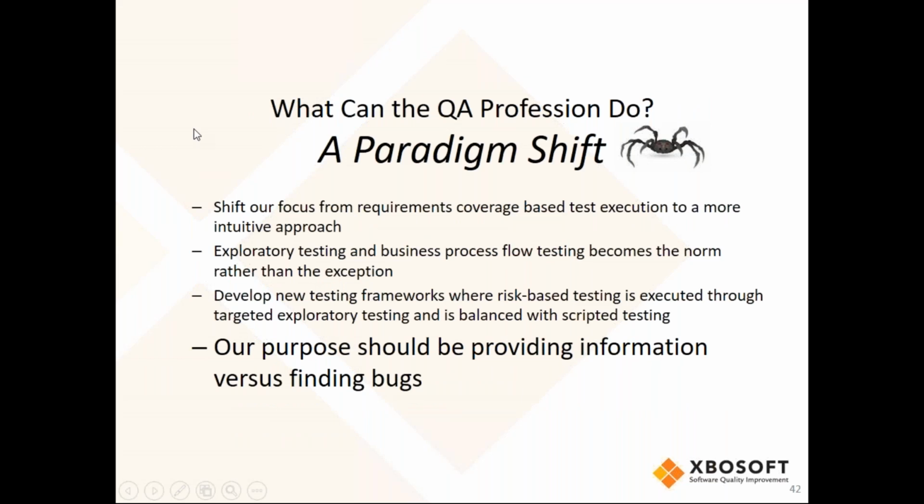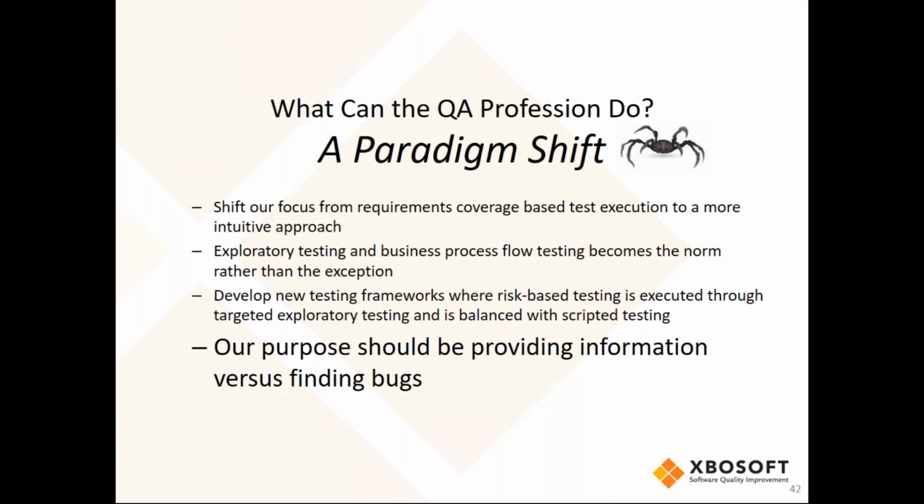And what can we do as a profession? Well, we need a real paradigm shift here. We need to shift our focus from requirements coverage and test execution according to requirements to a more intuitive approach. I think exploratory testing and business process testing need to become more the norm. They need to be really part of everything we do.